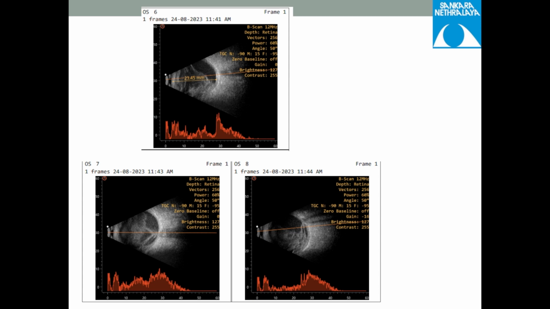What does this image show? So this is a low to medium reflectivity membranous echo in the vitreous cavity. So it's more like a vitreous membrane. It is not medium to low. It seems medium to me.